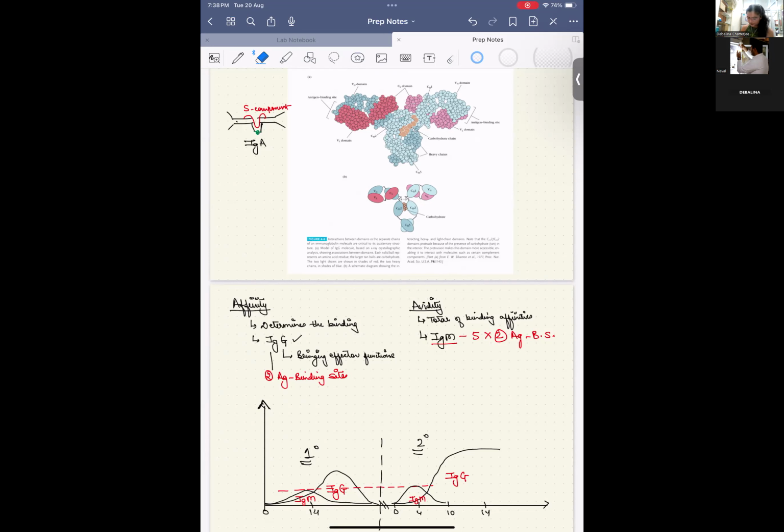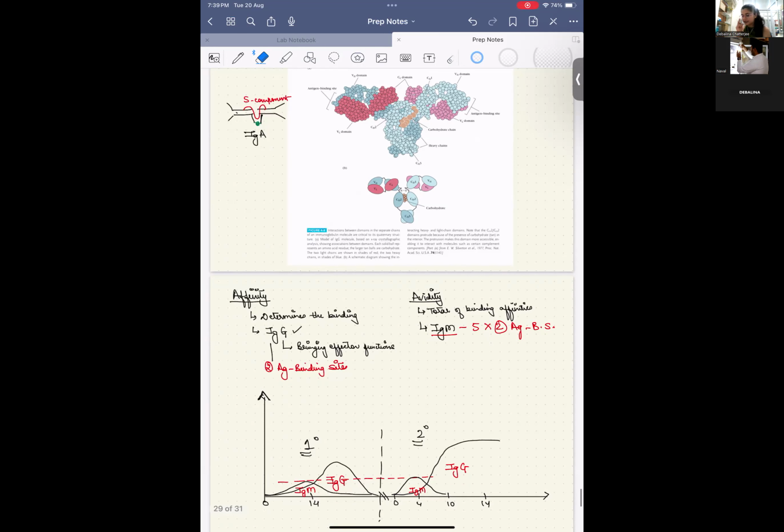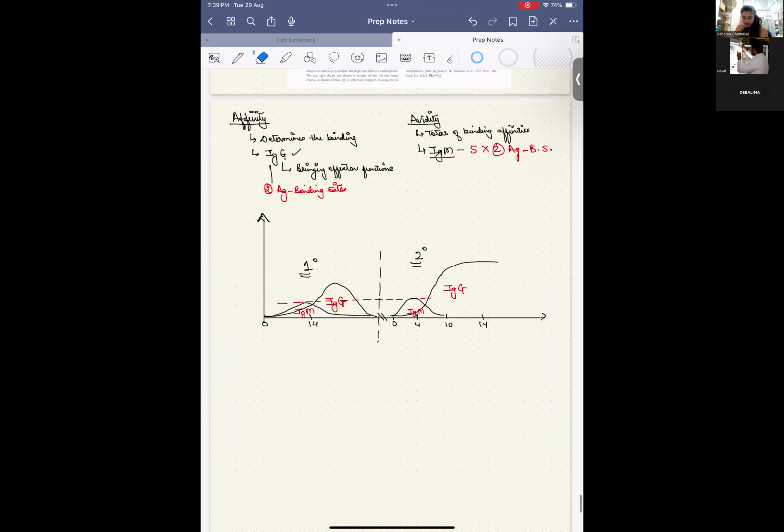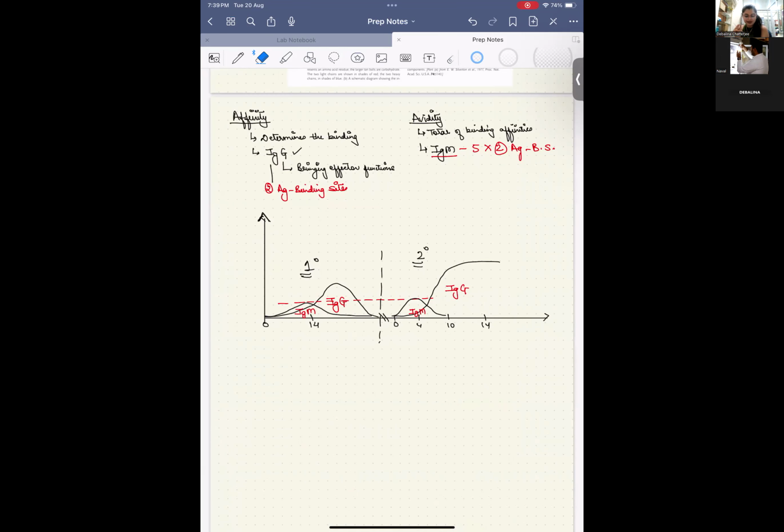For our next class, we'll probably start from the effector functions that the antibody molecule can mediate, and then we can discuss how the diversity of antibody molecules is generated.